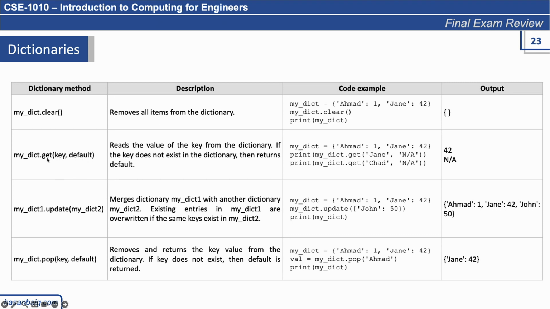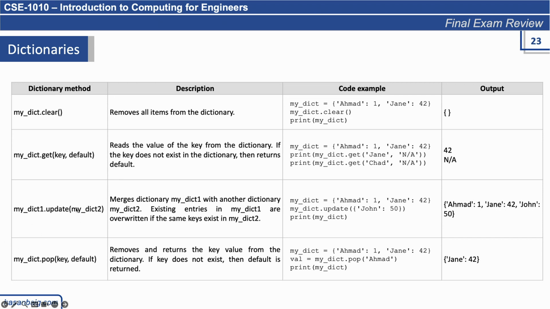So if the key does not exist, we are retrieving the key and its associated value by using the get method. Here there's a dictionary, and we are trying to access my dictionary.get Jane. Jane already exists, so it will not produce the default message NA. In the next example, Chad does not exist in this dictionary, so it will produce a default message instead of throwing an error.